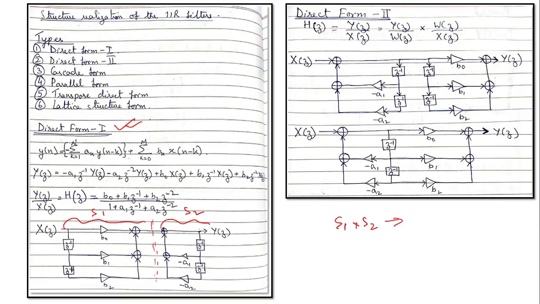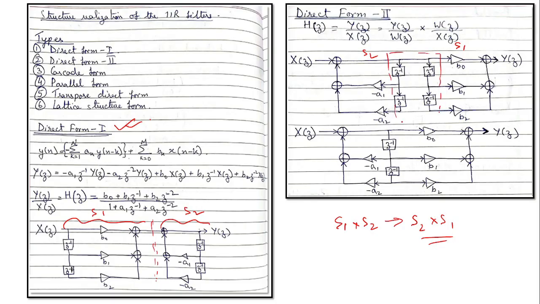When placing one after the other, if you consider S1 multiplied by S2, it would be the same as S2 multiplied by S1, commutative behavior, right? So if you see, we have just rearranged this in direct form 2, S2 and S1.